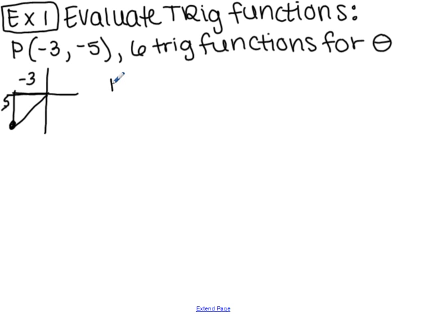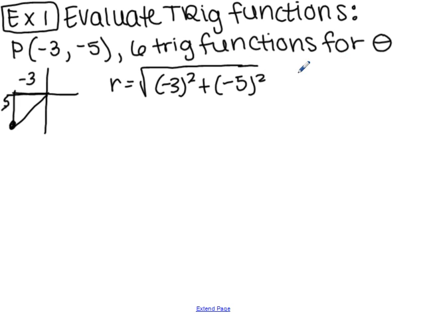So we do r equals the square root of x squared plus y squared. We get the square root of 9 plus 25, which is 34. Now that I have r, we can find our 6 trig ratios.